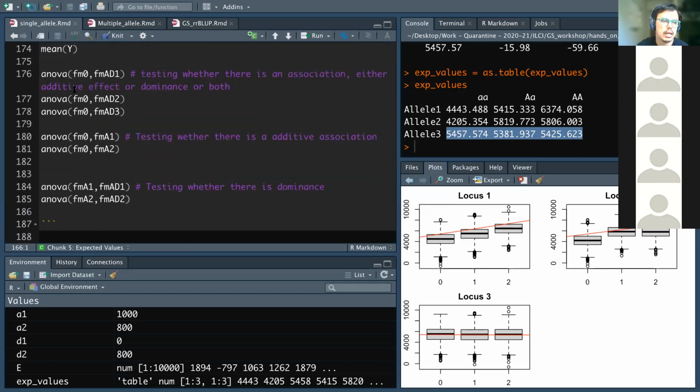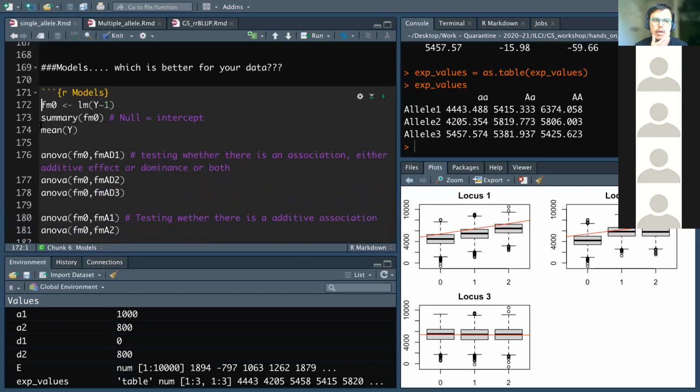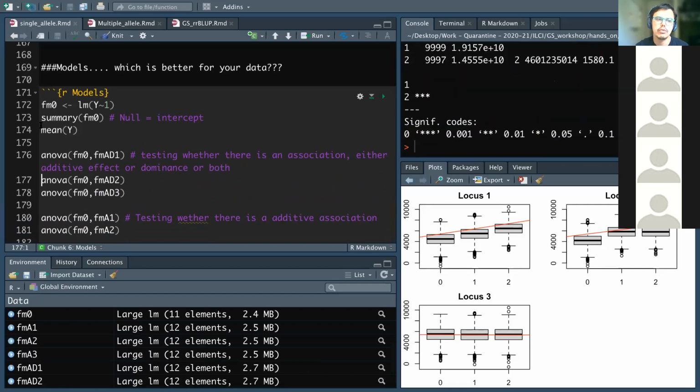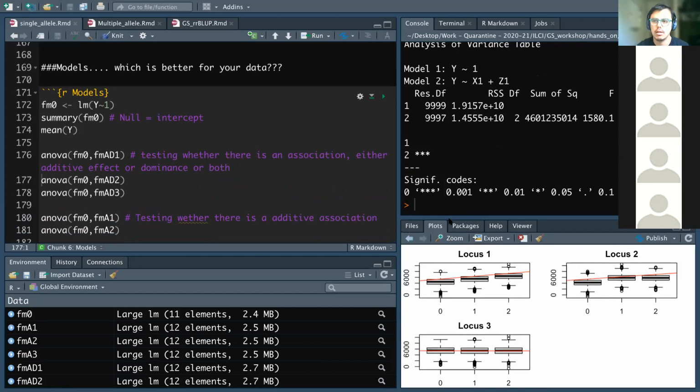And the last part of the code just shows you how you can test using an ANOVA if your model has an additive or dominant effect, so if you have a genetic effect for that locus.